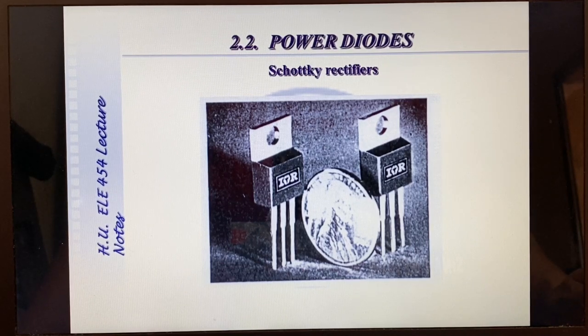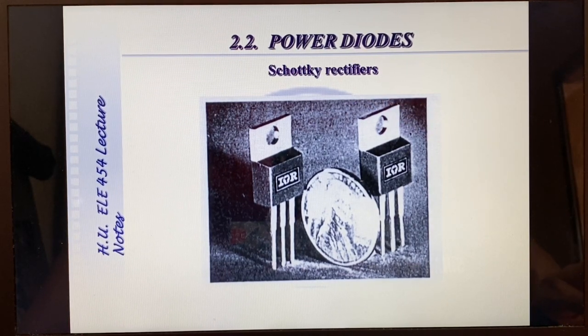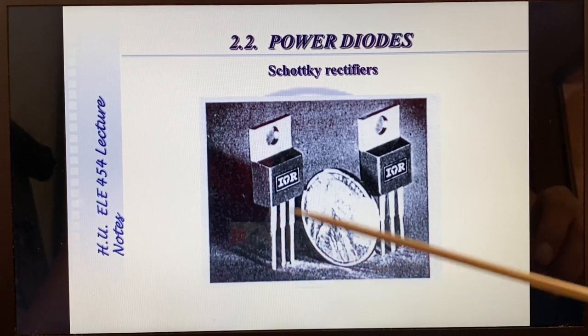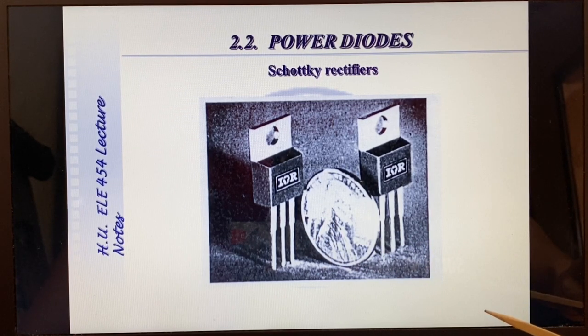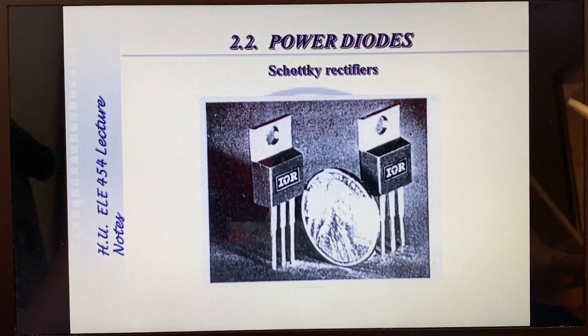Also there are transistor-like packages like TO220, TO247, and so on. For Schottky rectifiers, a special kind of diode with a metal to silicon barrier, very fast switching speed can be reached, and these are packaged in transistor-like packages, in a TO220 case for example.